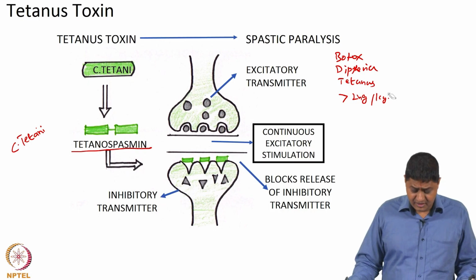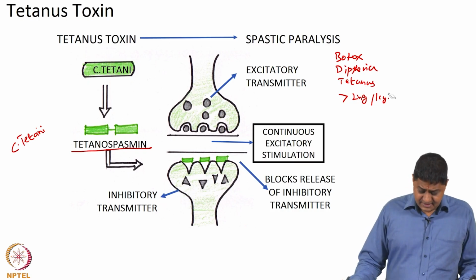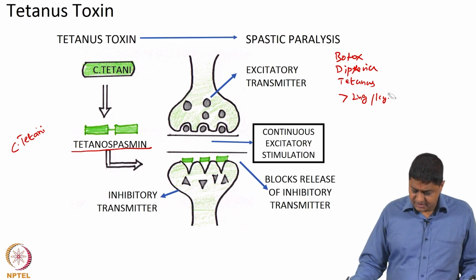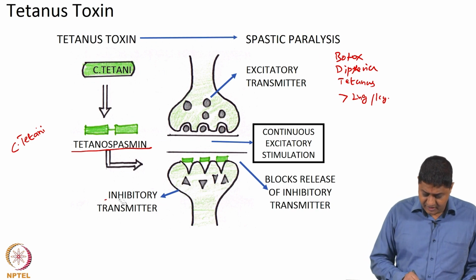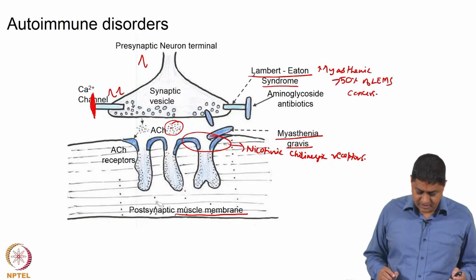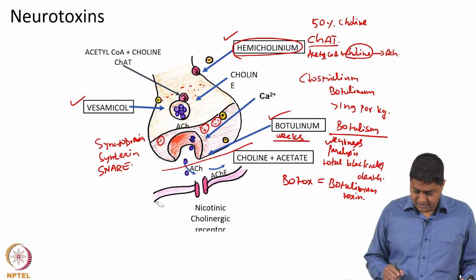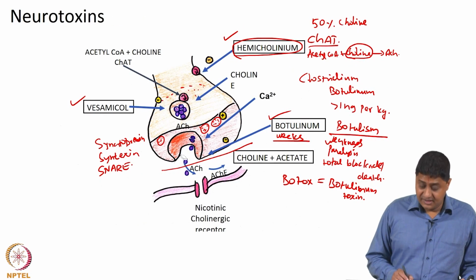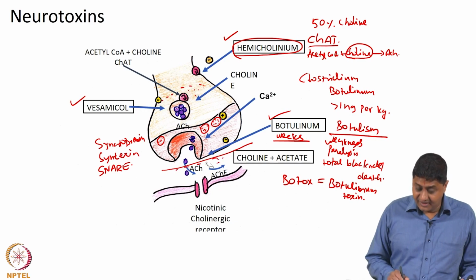So, what is its action? What this does is it blocks the release of inhibitory neurotransmitters. So, what happens in the neuromuscular junction, right? Once acetylcholine is released, some acetylcholine may remain in the system.